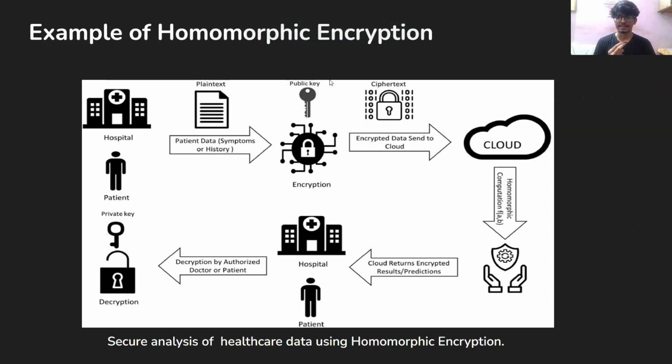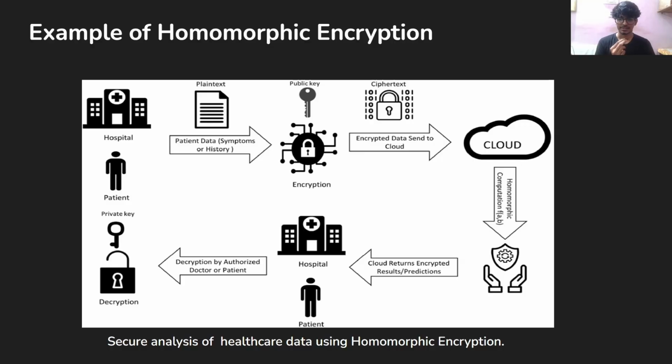Let's look at an example of homomorphic encryption in real life. Imagine there is a hospital which maintains its patient records in a database, and for a particular patient, the doctor needs to perform multiple diagnostic tests to determine whether that patient suffers from a certain disease or not.